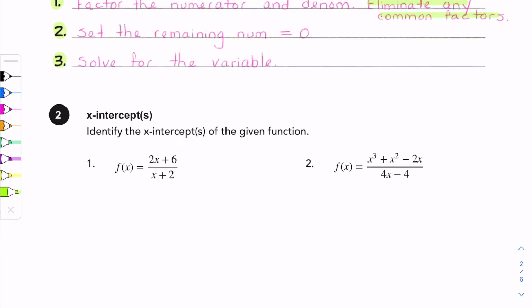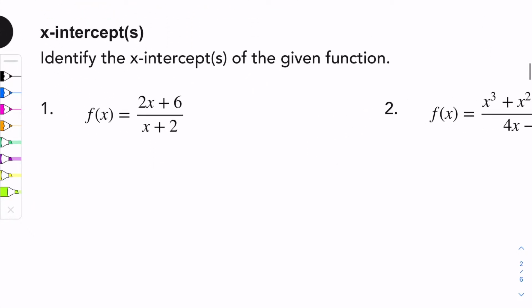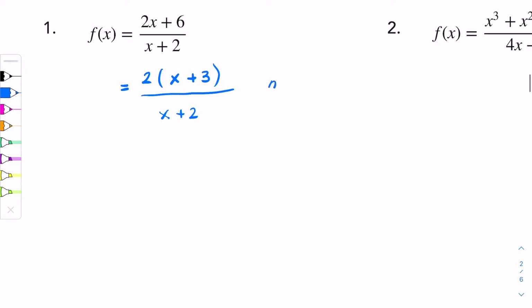In number 1, if we factor both the numerator and the denominator, all we can factor is a 2 out of the numerator, leaving us with x plus 3, divided by x plus 2. So in this case, there are no common factors. And to find the x-intercept, you just take the numerator and you set that equal to 0.